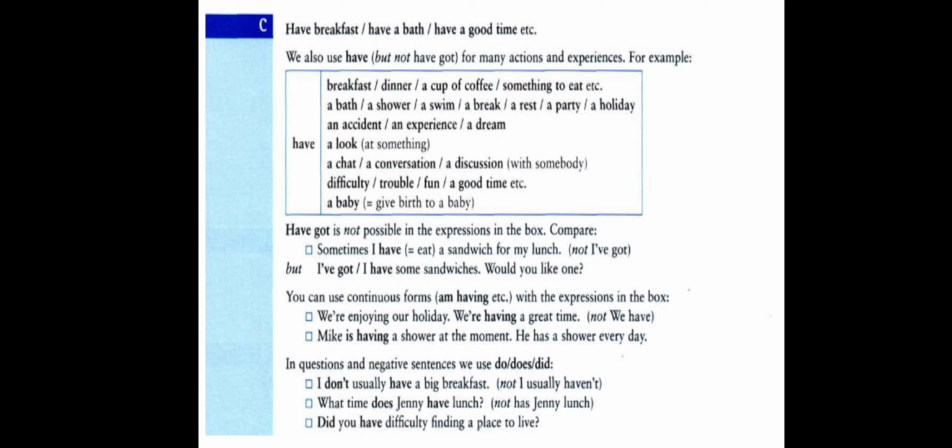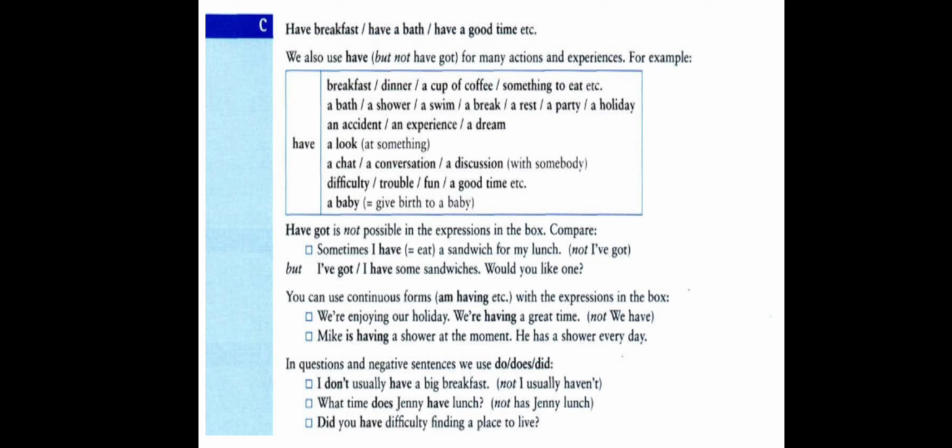So to make it negative in the present simple, we use do because the subject is I. So we say, I don't usually have a big breakfast. We don't use not with have, because have here is considered a main verb.